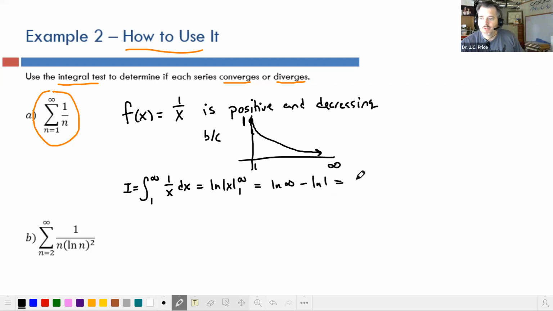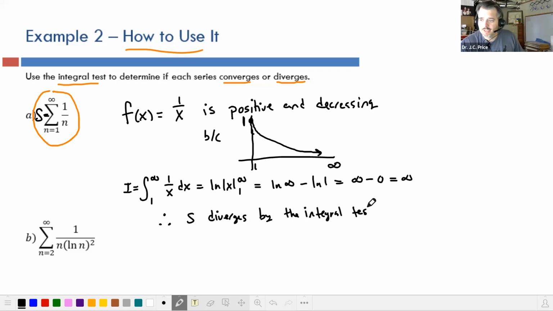That's going to be equal to infinity minus 0, which just equals infinity. Therefore, what can we conclude? That improper integral diverges. That means that our series, we'll call it S, also diverges. And this is by the integral test.